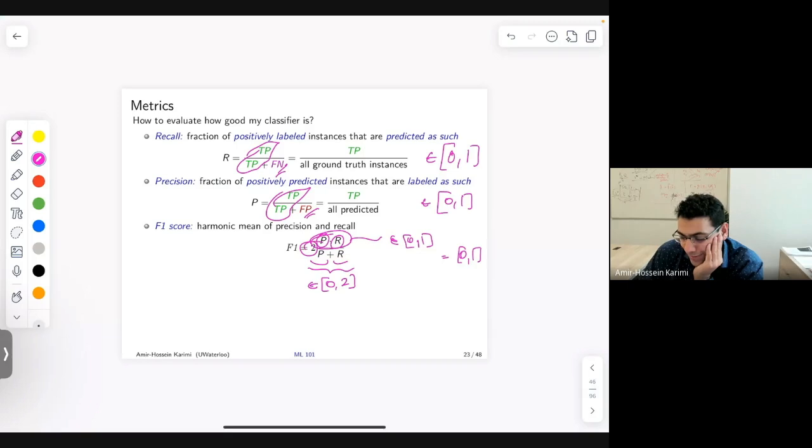If I had x times y divided by a times b, then what Shima is saying is that could turn out to be like 1.5 divided by 0.5, which is equal to 3, and that's a number that's not in this range. But because we have precision and recall, the denominator and numerator are tied together in a way. So the value of F1 score won't be larger than 1.